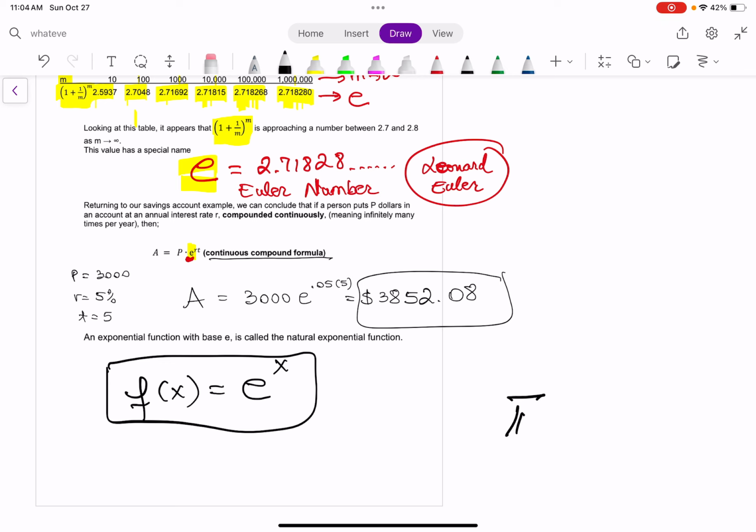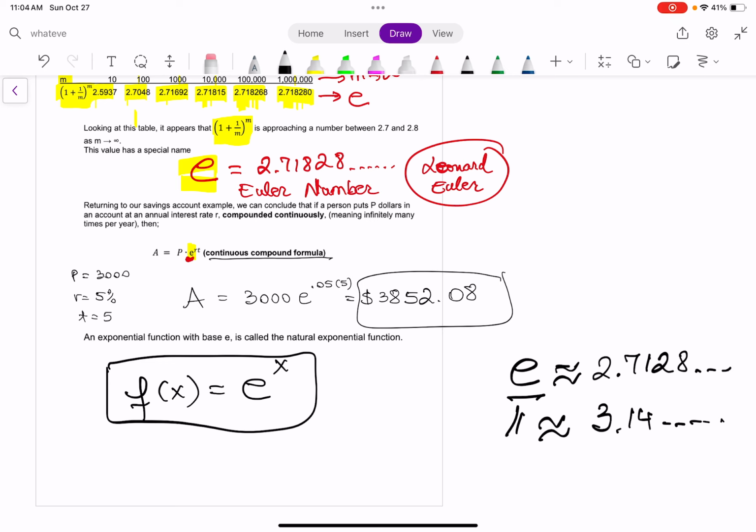But e is just an irrational number, just like pi. It has infinitely many non-repeating decimals. I know about this many for it. Pi, I only know the first two. But really, they are both irrational numbers, infinitely many non-repeating decimals, and they're both so famous and so widely used in mathematics that they have their own button on a calculator.